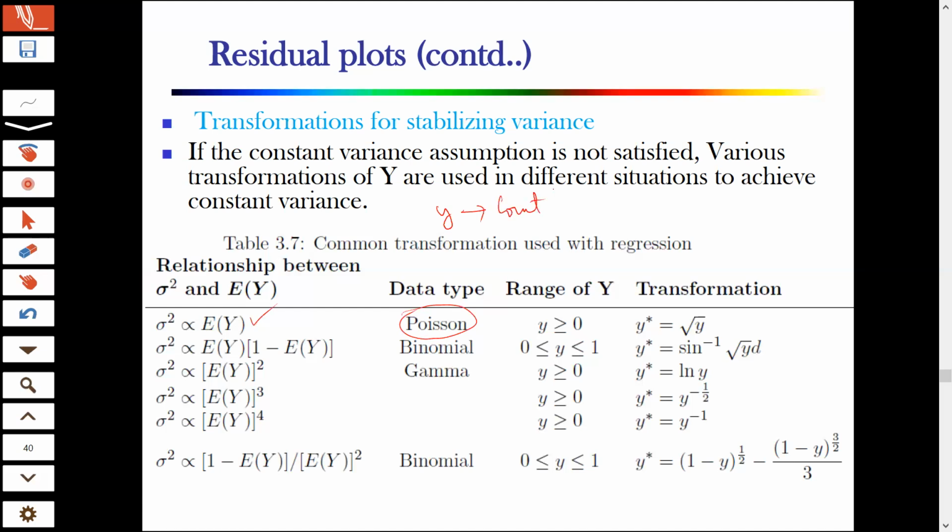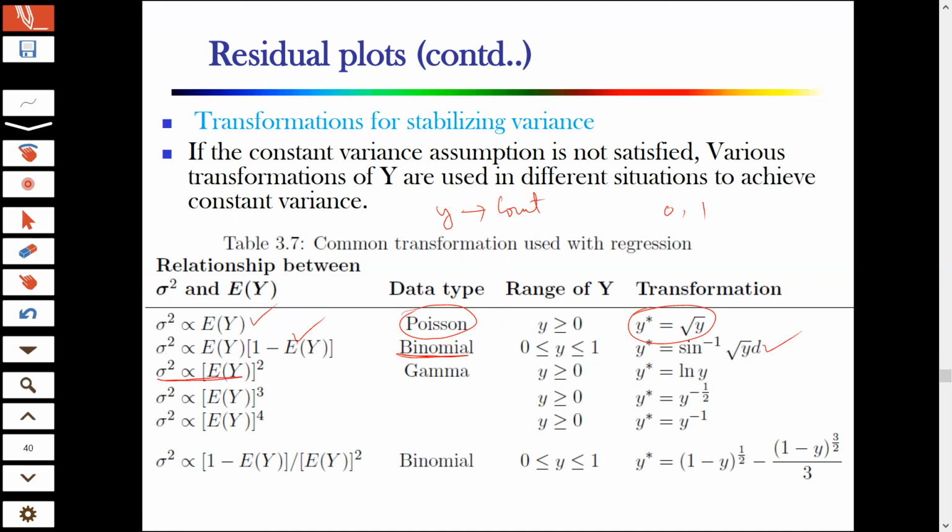If it is count data, then it follows a Poisson distribution. In this case, we need to use this transformation. If the relationship between error variance and expected value of y is something like this, it may be that your response variable is 0 or 1, binomial. In that case, we need to use this transformation.